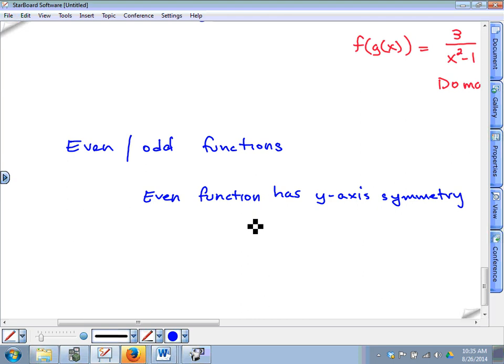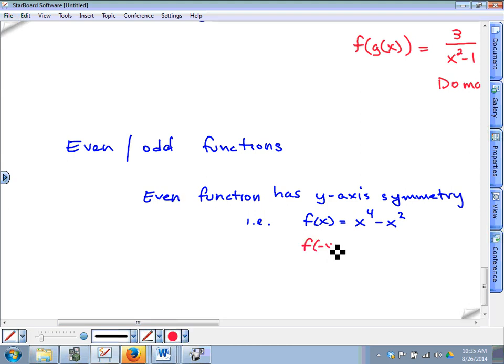For example, how do we know that has y-axis symmetry? Think back to last time. What did we learn to do to prove that that has y-axis symmetry?